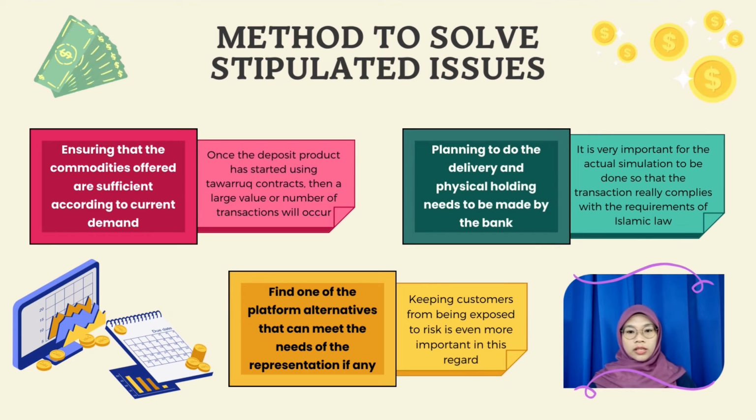So in the transaction, the customer can only sell the commodity to BSAS by appointing the bank as a representative. This practice does not seem to meet the requirements set by contemporary scholars at this time, but this representation is nothing but intended to facilitate the affairs of the client.